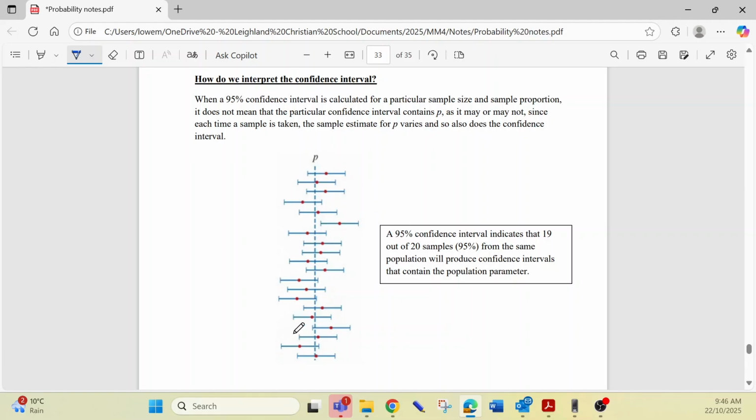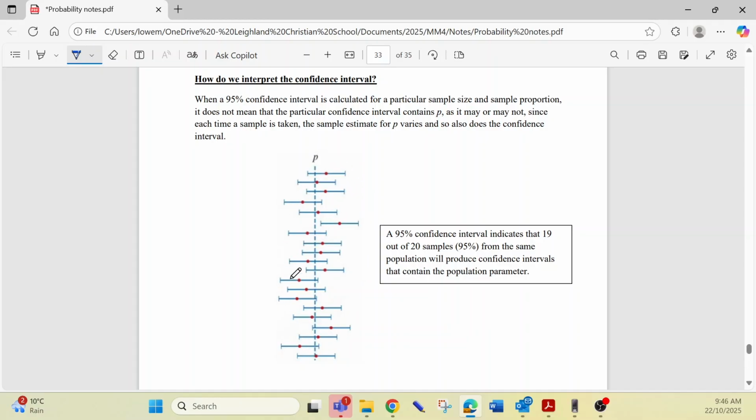This really is just highlighting what we're dealing with here. There are 20 samples here as an example, pictorially. This is the actual population proportion. Each sample has this range, this is your lower, this is your upper. Each of these is a confidence interval, and these red dots represent the actual sample proportion for those particular samples.